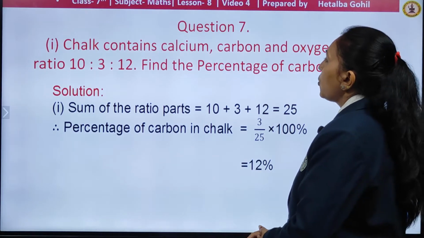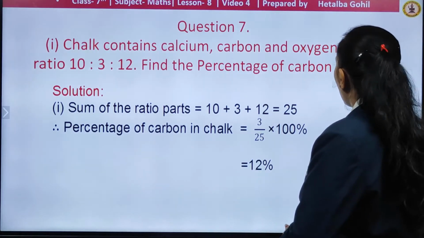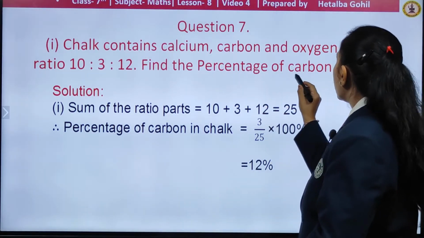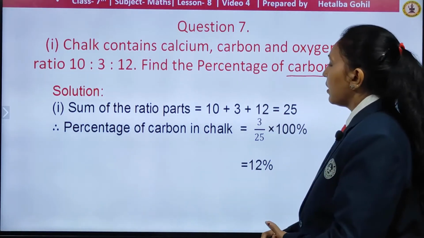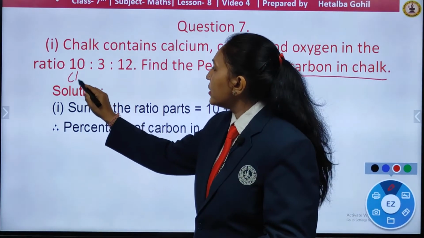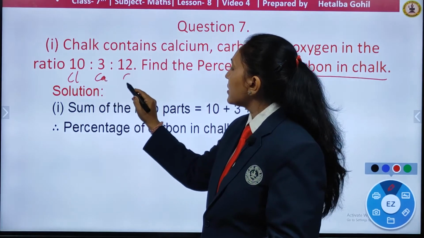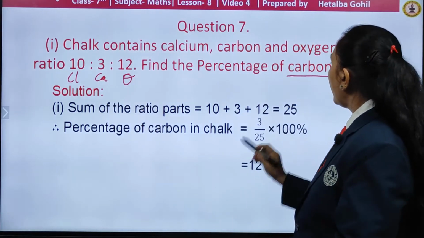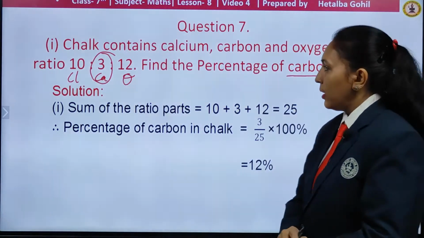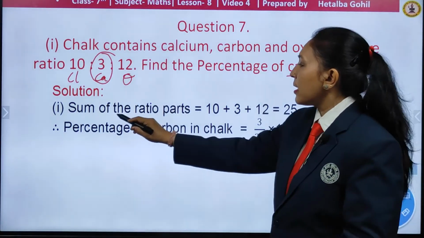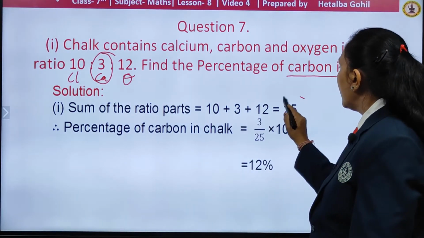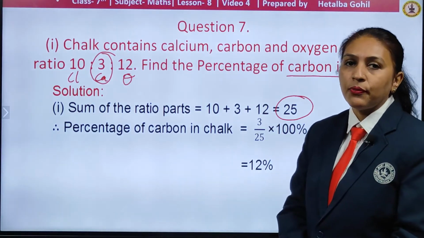Next question. Chalk contains calcium, carbon and oxygen in the ratio 10:3:12. Find the percentage of carbon in chalk. We have to find the percentage of carbon. That means this is calcium, this is carbon and this is oxygen. We have to find only carbon. First we will sum all the ratio, that is 10 plus 3 plus 12, we get 25.